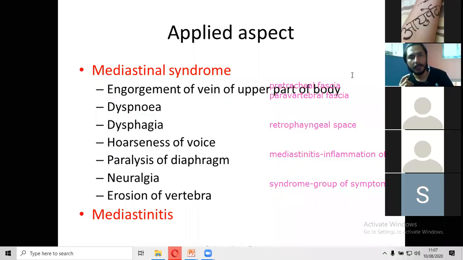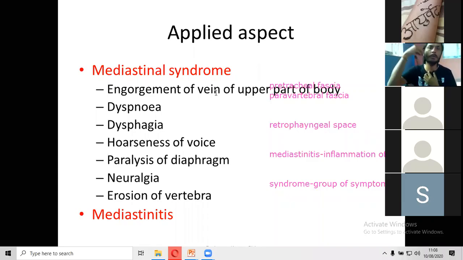So if this tumor is going to compress a vein, because veins are there in the mediastinum, then what will happen? See, lumen is there in the vein. If the tumor compresses this, the lumen will close. Then the venous return will be obstructed.